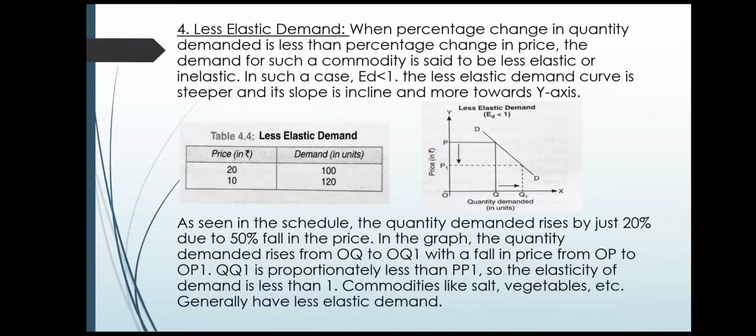QQ1 is proportionately less than PP1, so the elasticity of demand is less than 1. Commodities like salt, vegetables, etc. generally have less elastic demand. The commodities that are very necessary do not have a very elastic kind of demand. The demand is going to remain more or less the same for these commodities.